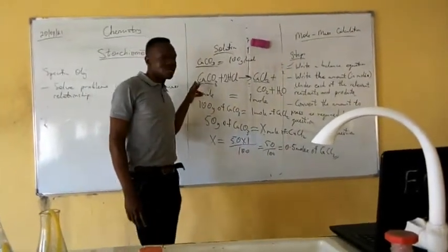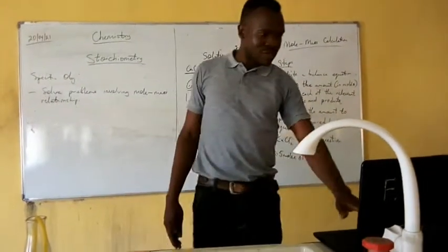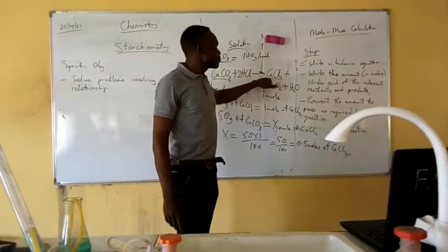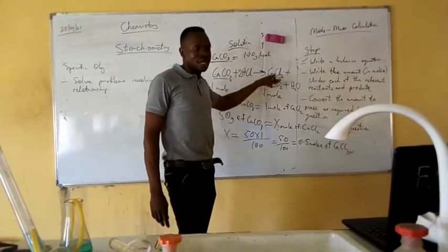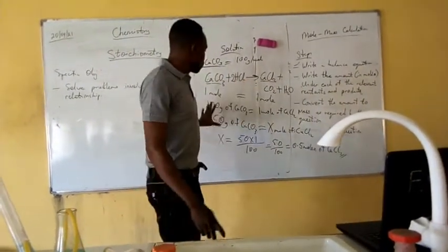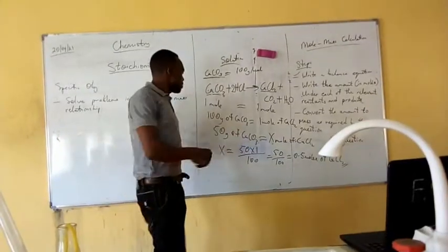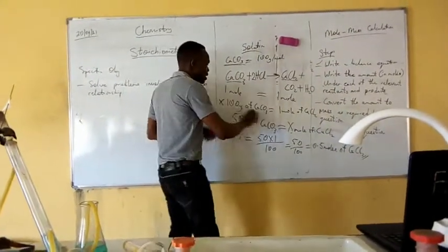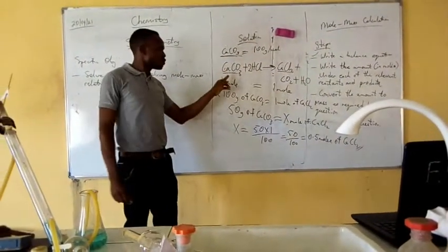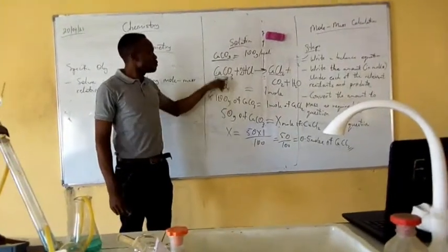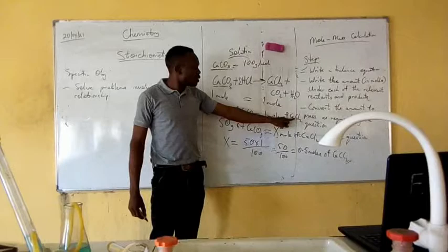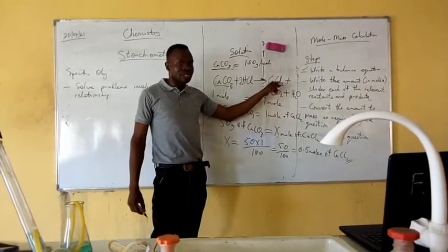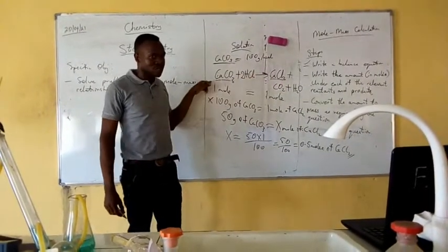For the mass, the calcium carbonate was given as 50 grams, while the calcium chloride was still needed in moles. So this statement here represents the balanced chemical equation: 100 grams, coming from the molar mass of calcium carbonate, gives us 1 mole of calcium chloride, as presented in the balanced chemical equation.